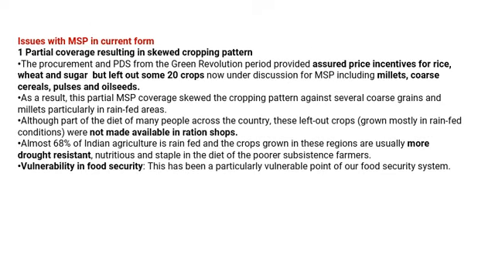Now, what are the issues with the current MSP? The MSP for a few crops is very high. For rice and wheat it is very high, and even for sugar, but for other crops it is very low. This has resulted in the production of mainly rice, wheat, and sugar in India. In most states, farmers, to get the benefit of more incentives from the MSP, are growing only these crops.